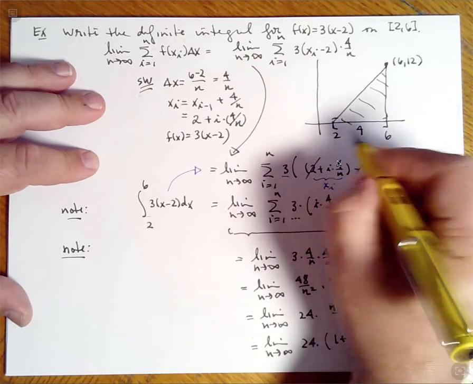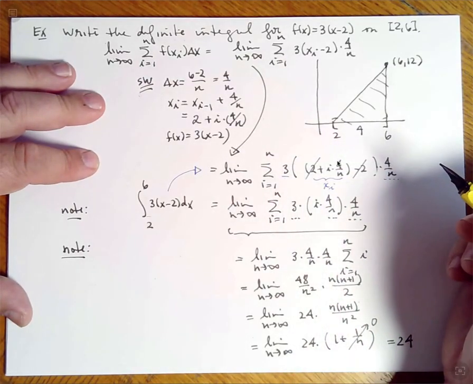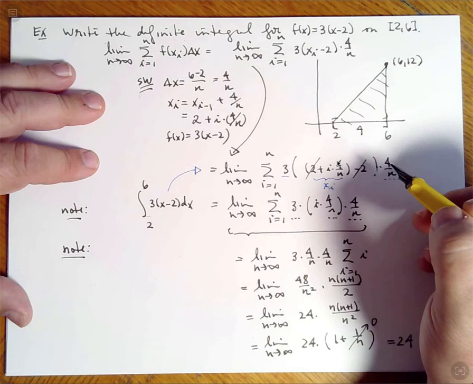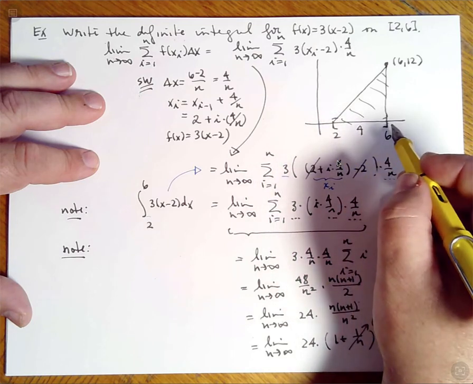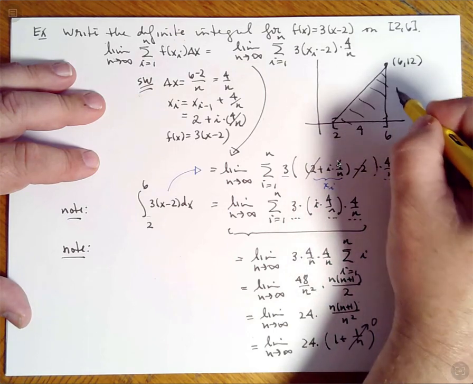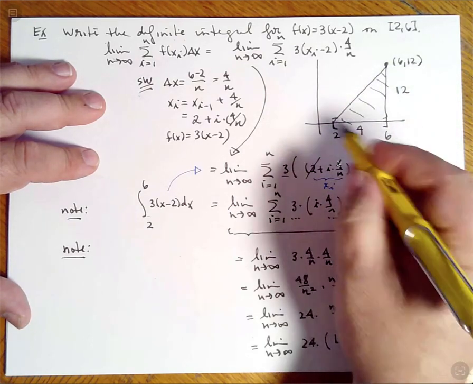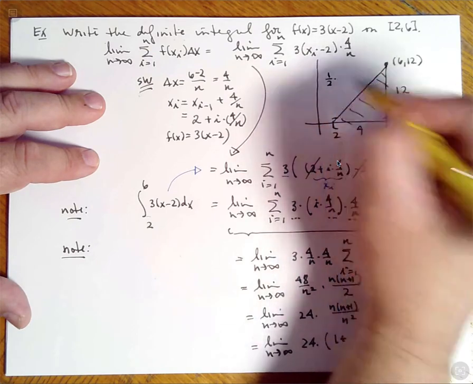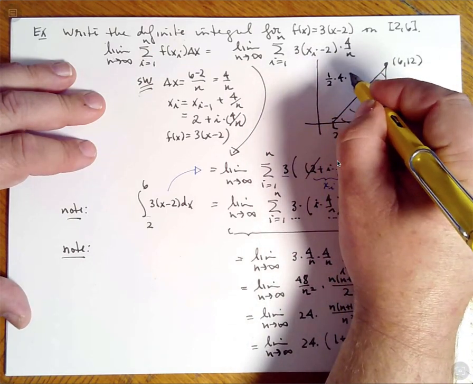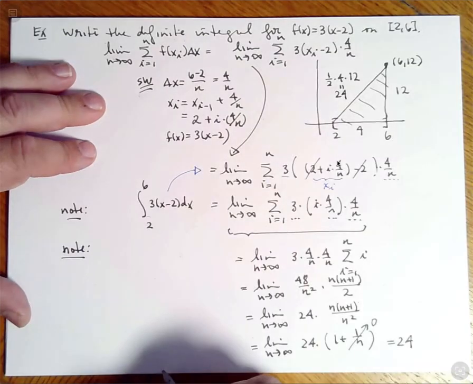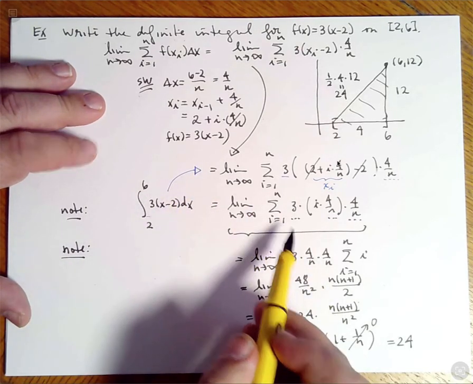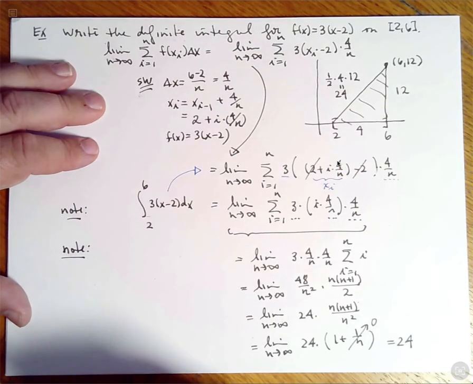It's a triangle of width 4 and height 12. So we know from plane geometry that its area is 1/2 of 4 times 12. 4 times 12 is 48. That's 24. The definite integral bore that out. It gave us the same answer as the plane geometry formulas gave us.